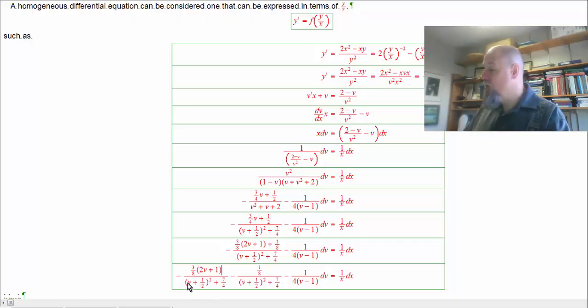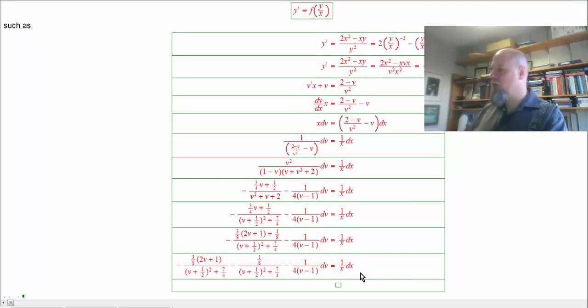Now, the derivative of the bottom would be 2v plus 1, so I've got that up top, so I can integrate this piece as 3/8 ln of the bottom. It's just this piece to integrate here, and that one's going to be integrated with an arctan. So I think we're set now to do our integration.